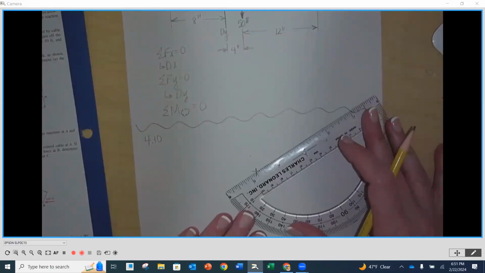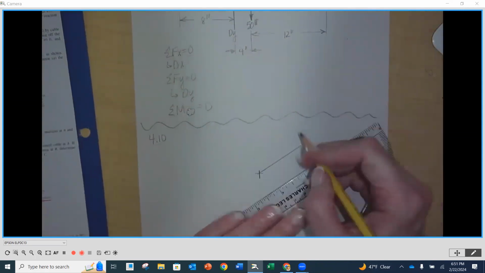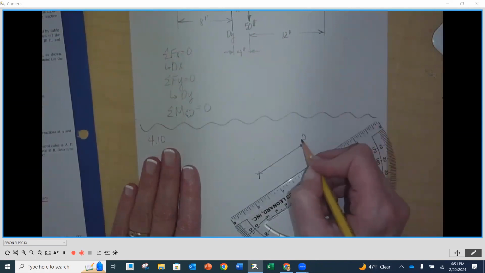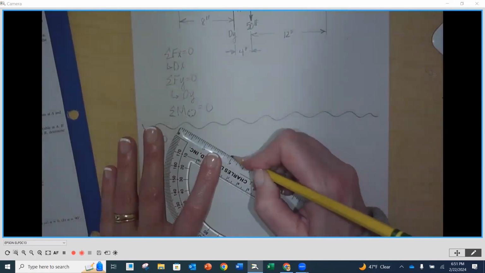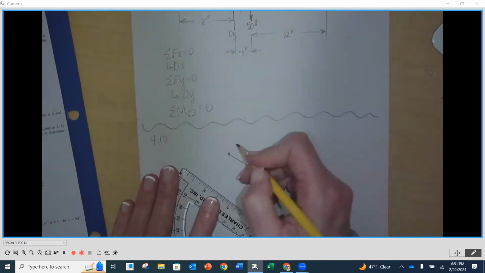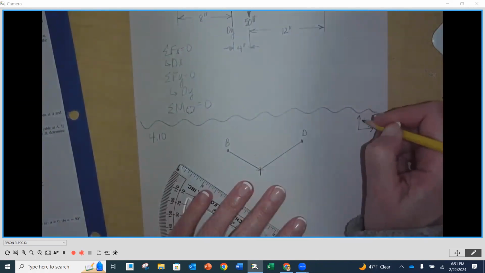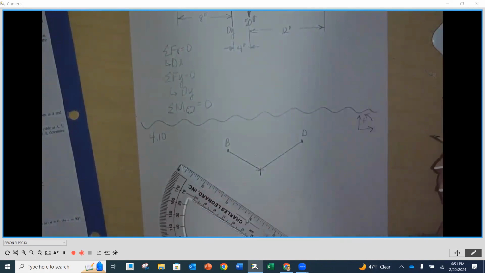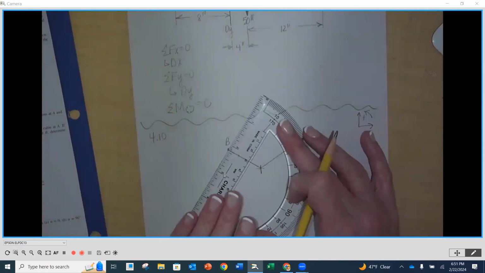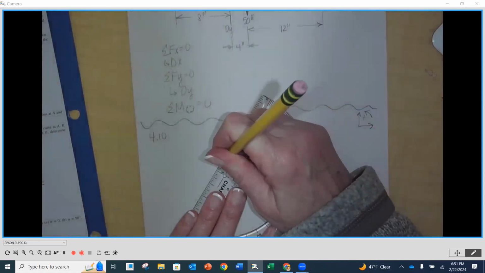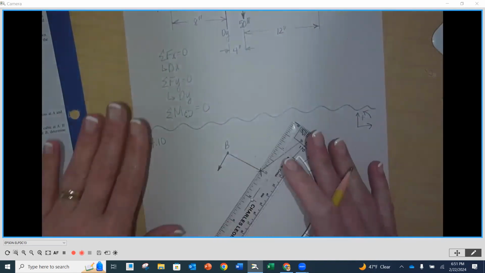Now, I am going to draw a diagonal line going up to represent point D. Up here. And then I'm going to draw another one a little bit shorter to represent going to B. I'll put my convention so I don't forget. Now I do know that 90 degrees to that link, there's going to be a tensile force pulling away here.